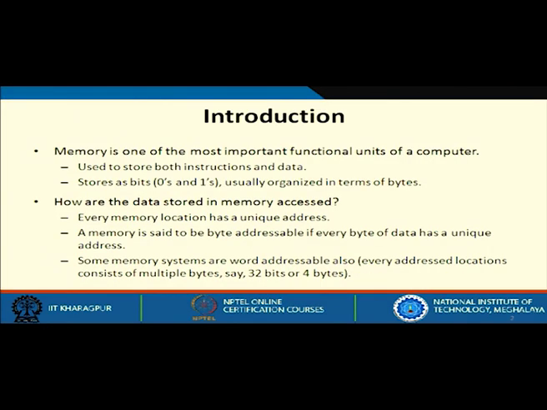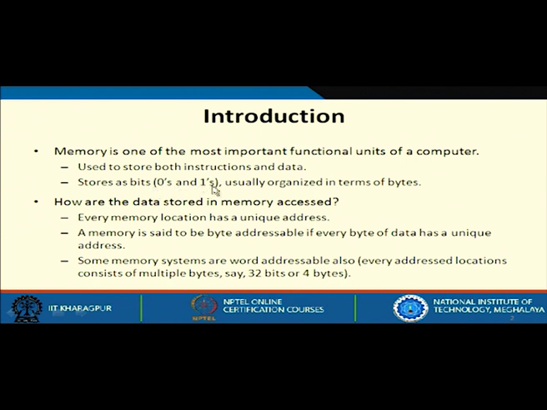Memory is one of the most important functional units of a computer. We all know that it is used to store both instructions and data, and it stores bits like zeros and ones.